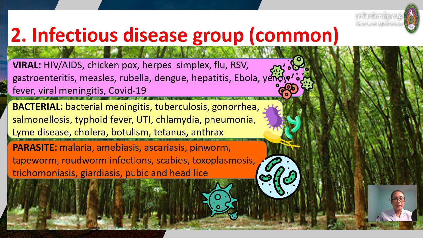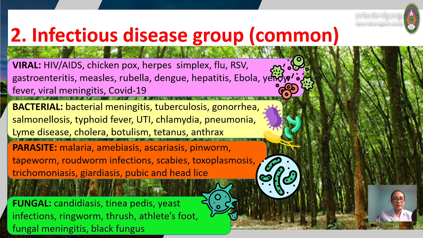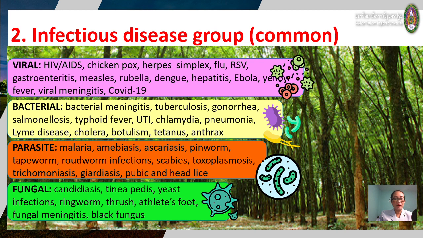And for the parasites: malaria, amoebiasis, ascariasis, pinworm, tapeworm, roundworm infections, scabies, toxoplasmosis, trichomoniasis, giardiasis, and pubic and head lice. And the last one, fungal. Fungal infections include candidiasis, tinea pedis, yeast infections, ringworm, thrush, athlete's foot, fungal meningitis, and black fungus.